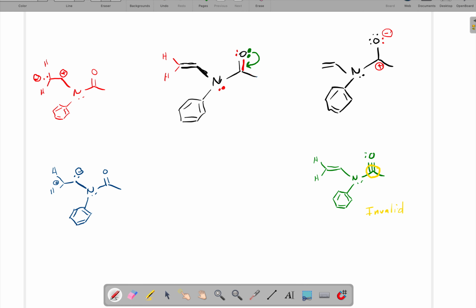So we will occasionally encounter issues where we have an invalid structure. We've exceeded the octet on an atom. How do we fix an exceeded octet? We need to move electrons away from that atom. What electrons are we allowed to move? Lone pairs and pi bonds. I'm super glad you said lone pairs first.